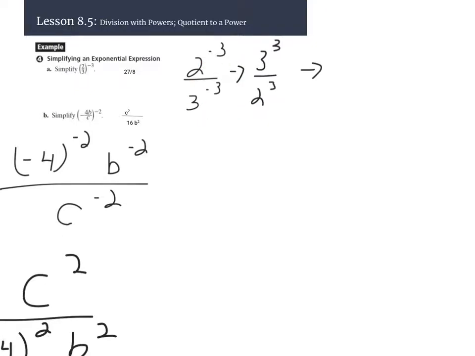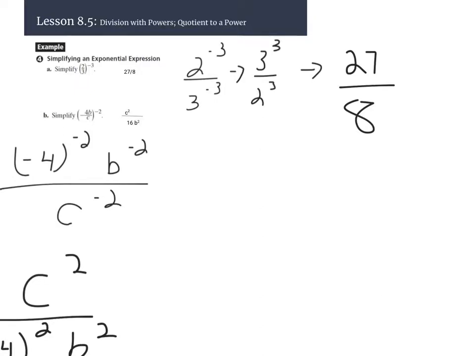Because we've got those negative exponents, the 3 to the -3rd actually comes up to the numerator and becomes a positive power of 3, and then the 2 to the -3rd comes down and loses its negative exponent as well. Then we can simplify that some more to 27 over 8, because 3 to the 3rd is 27, and 2 to the 3rd is 8.